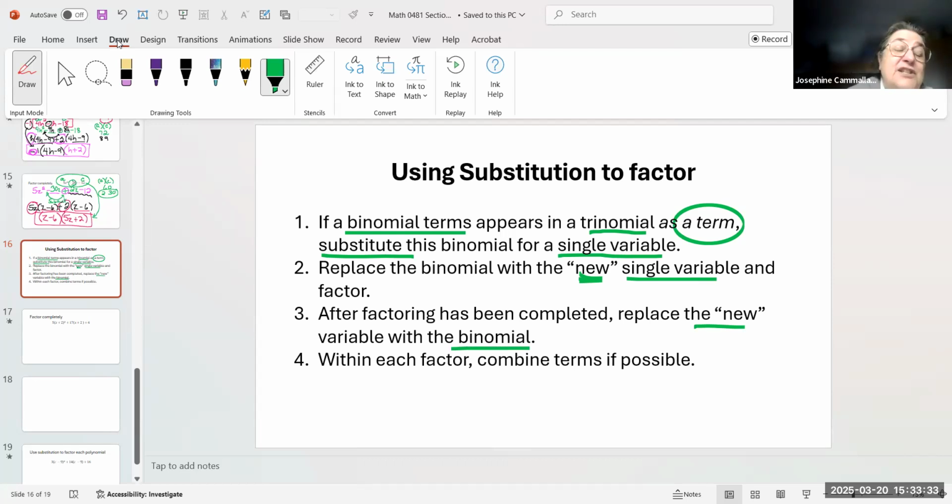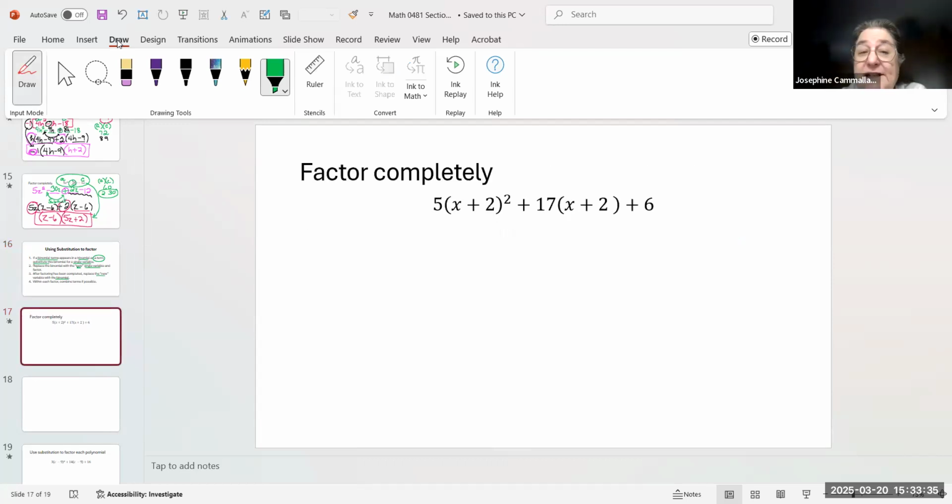Now, it's easier to show you than it is to tell you. And here is the first thing you see. Do you see that I have a binomial x plus 2 behind the number 5? And behind the 17, I have an x plus 2.